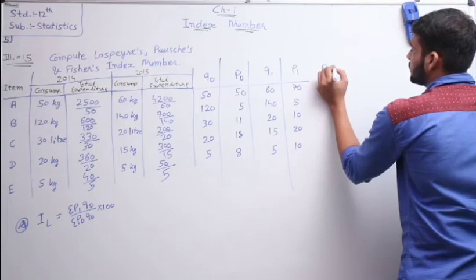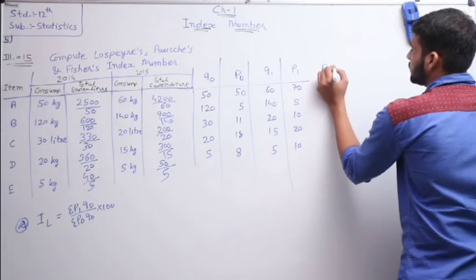So do the multiplication. After multiplication we get the answer, the Paasche index number, is 128.84. Okay, students? Then now we find Fisher's.